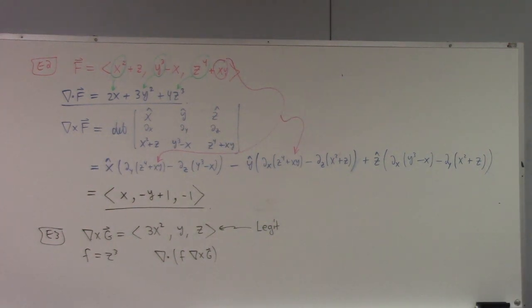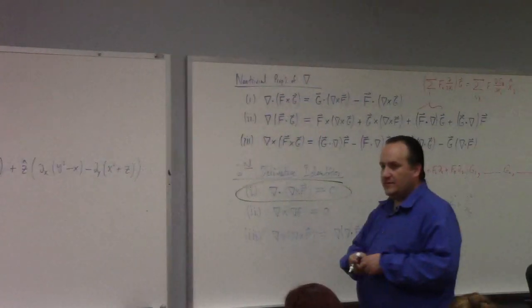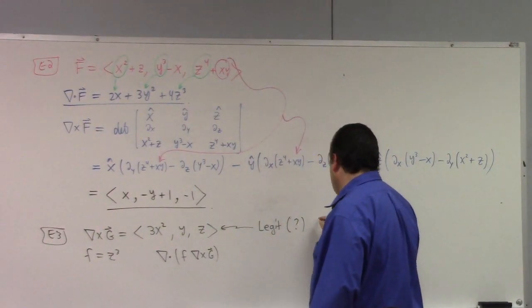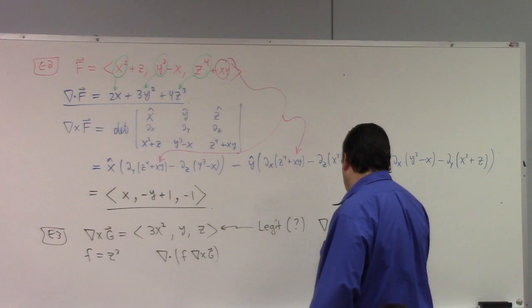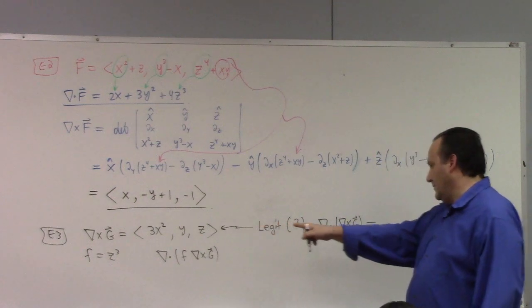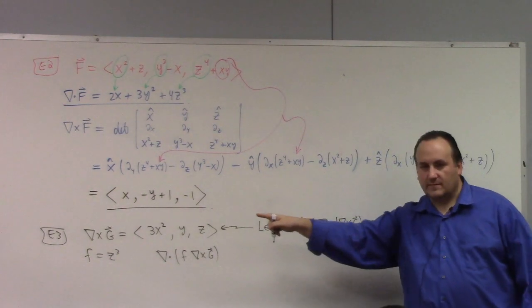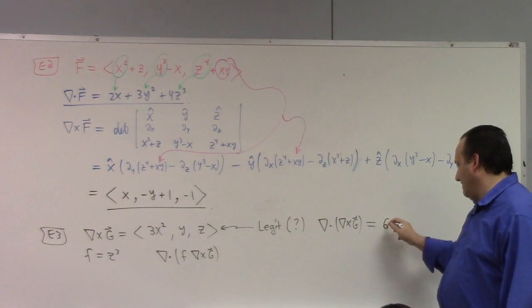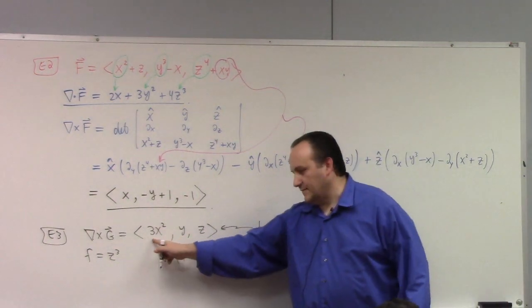Well, look at this property over here. The divergence of a curl is 0. Is the divergence of that 0? What's the divergence of that? 6x, right? The derivative of 3x squared with respect to x is 6x.